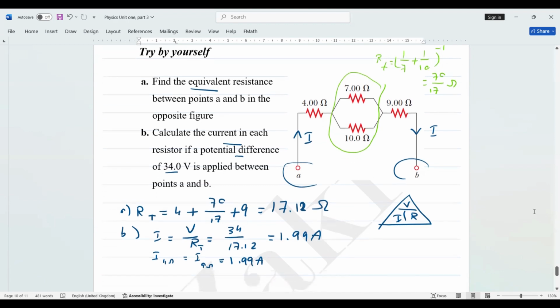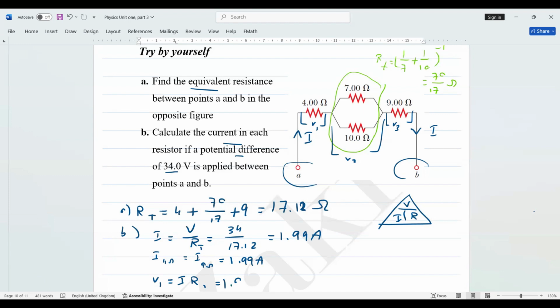Now here we calculate the voltage around 4. We say this is V1, and the voltage around 9, this is V3, and then we can calculate V2. Now, V1 equals I multiply R1. I, the current from the circuit, which is 1.99.